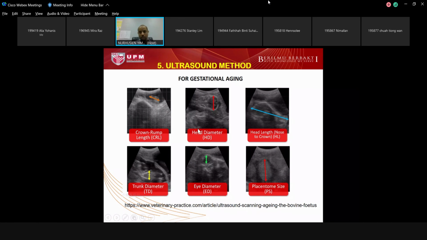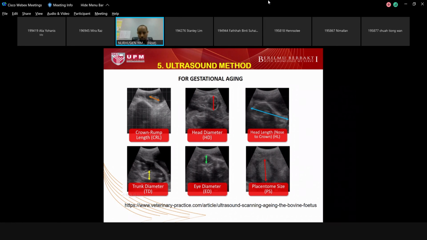So here there are many different parameters that can be measured and used to estimate the stage of pregnancy. This includes the CRL, which is the crown rump length, the length from the head up to the tail of the body of the fetus. And this is the head diameter, which is also known as the biparietal diameter, BPD.